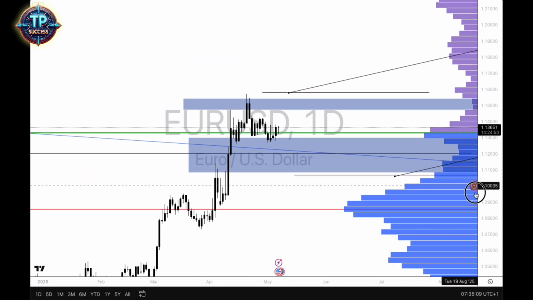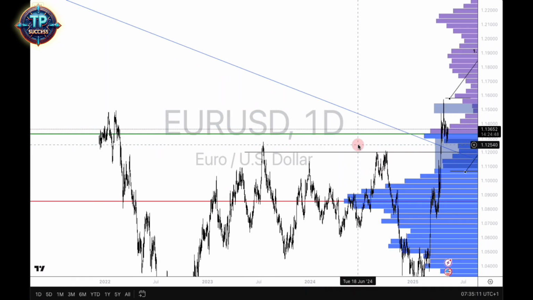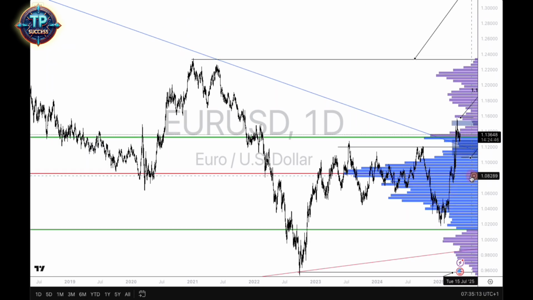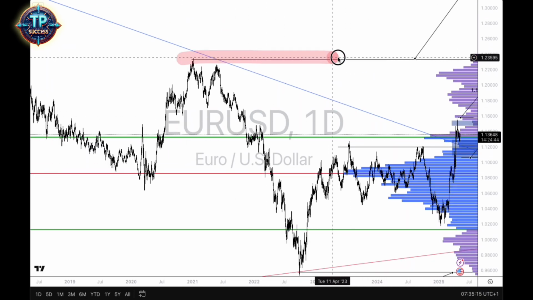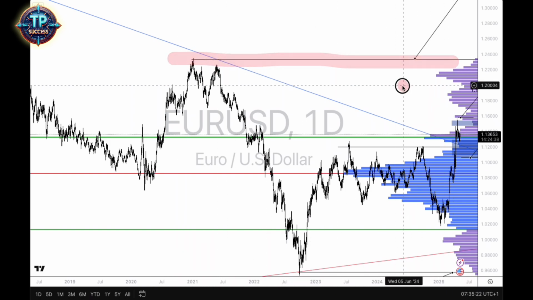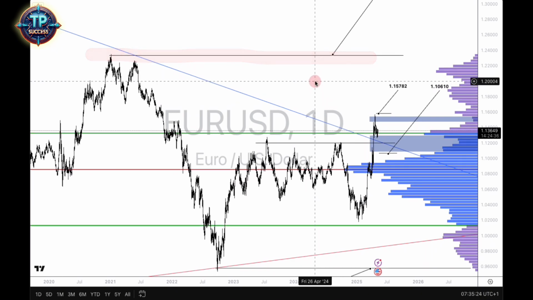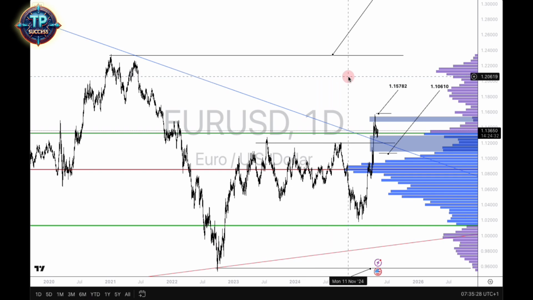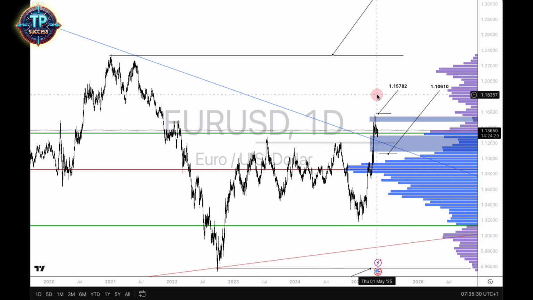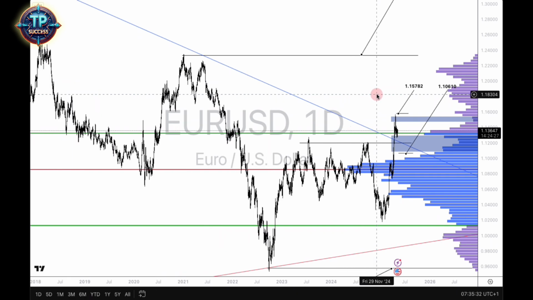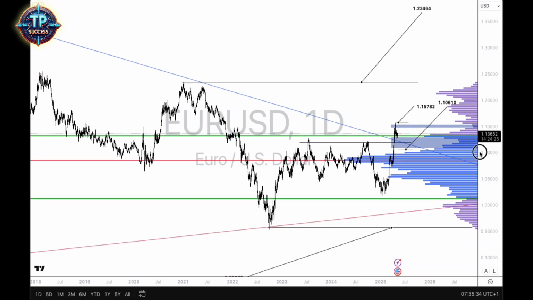And the reason for that is I want this level over here to be taken out. If this level is taken out, then I'm fairly super confident that I'll be getting the kind of move that I'm after, a massive push to the upside, and obviously naturally I'm going to jump on that and ride that all the way up. Okay, so that is the plan so far.